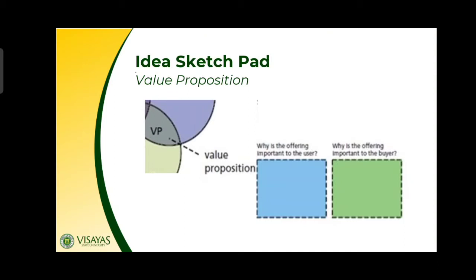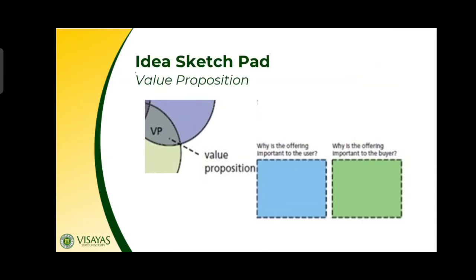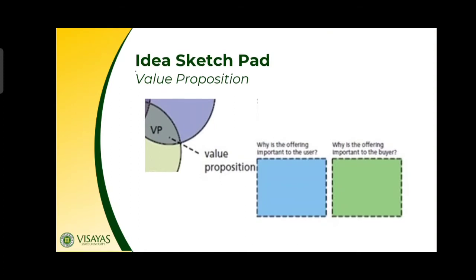Or how does this address the need these customers currently have? Or what are the needs that are not met that this product or service could offer? So you have to write it in your value proposition. Example, if I'm offering turmeric, I may write there a healthy and organic tea. So I could be writing that as a value proposition.